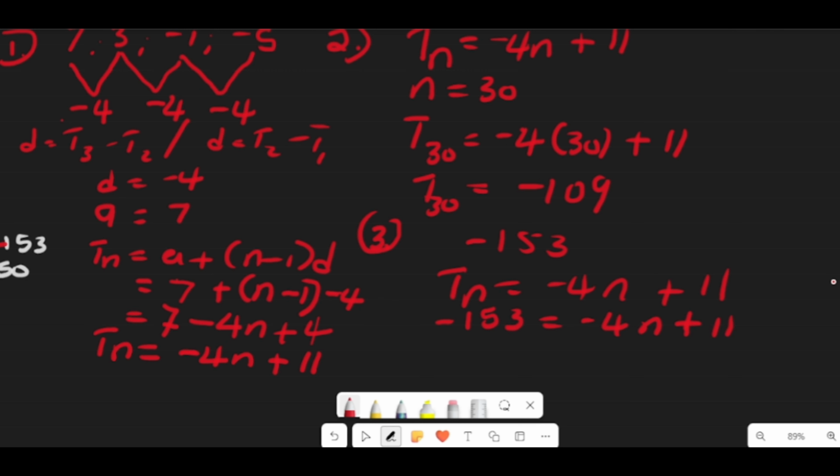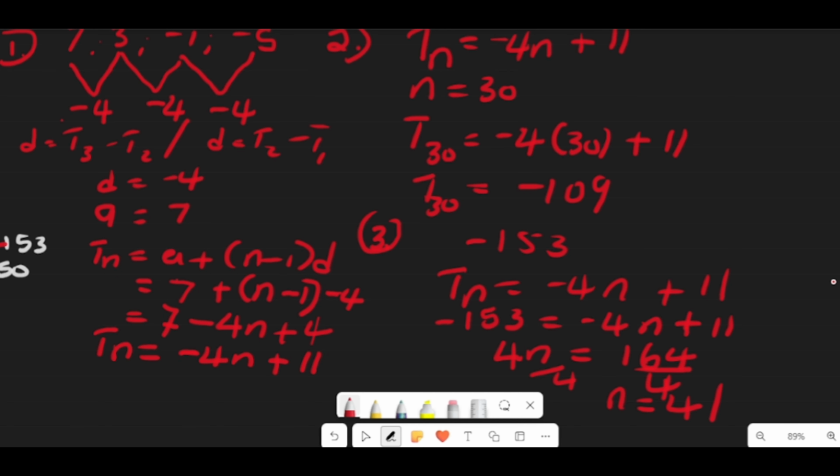Therefore we just need to solve for n. We take 11 to that side and 135 to this side, and then we are left with 4n equals 164. Then you divide both sides by 4, which gives n equals 41, so it is term number 41.